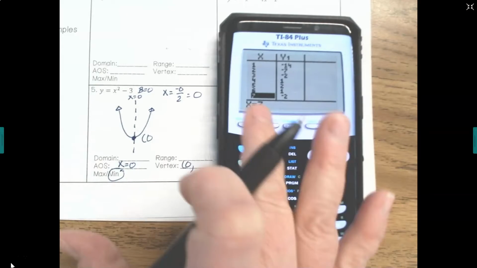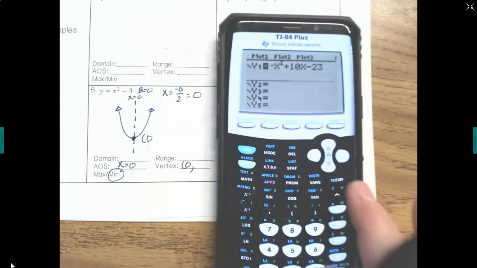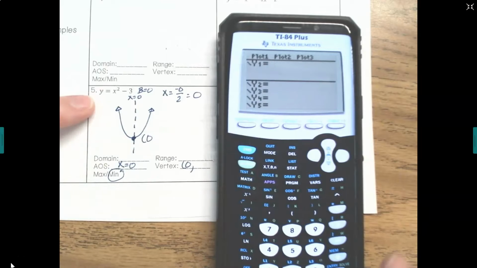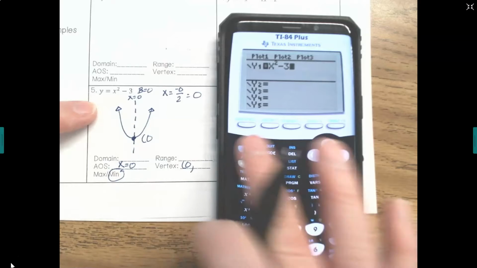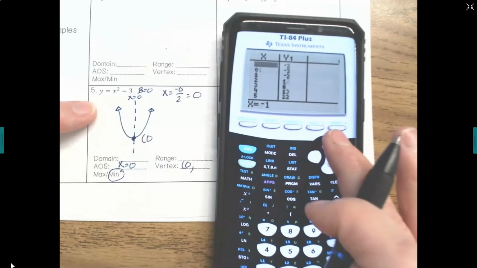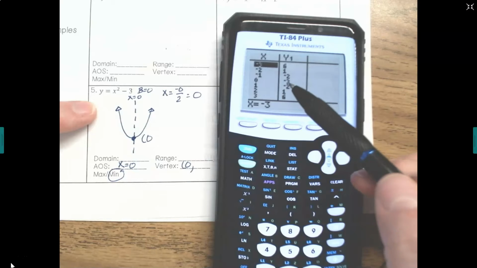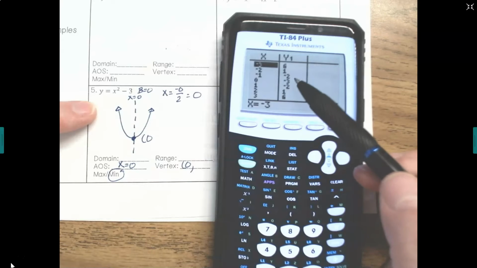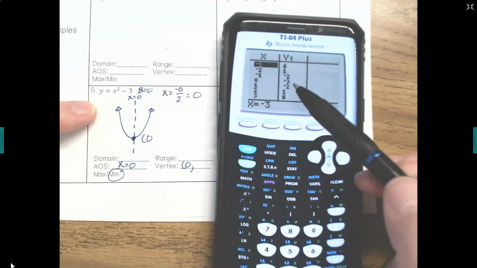So let's put this into our calculator. Go into y equals, clear out whatever's in there, and we just have x squared minus 3. Take a look at your table of values. If x is 0, y is negative 3, and I just always double check above and below so I see that symmetrical pattern.